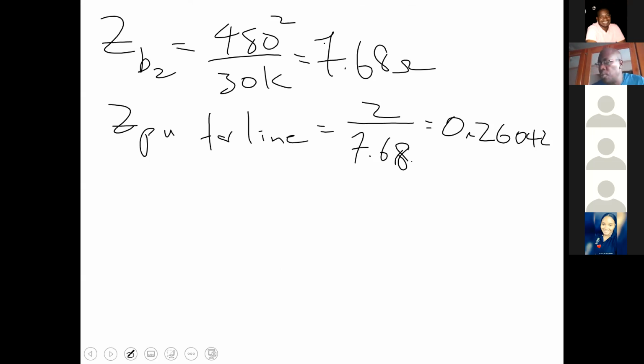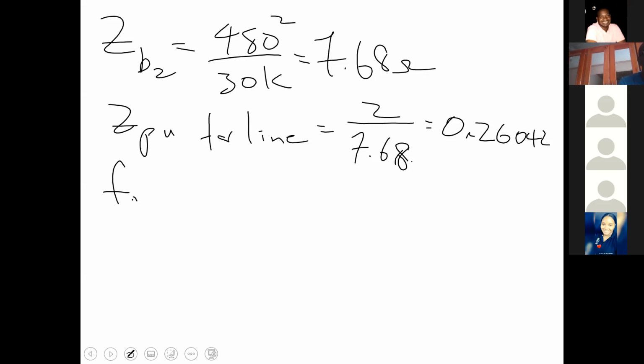Okay, so I now come to the second transformer, and for the second transformer we have 0.1, and that's on rating, right? So we want to find the new per unit value for the transformer.